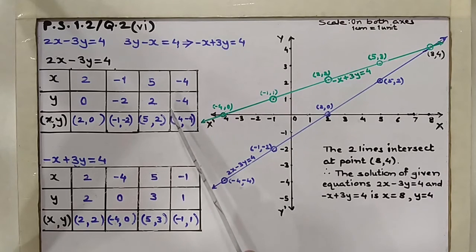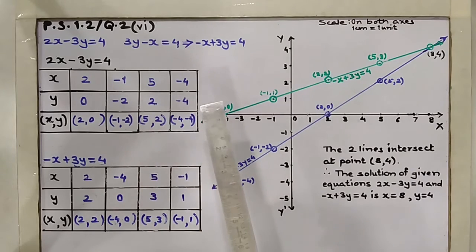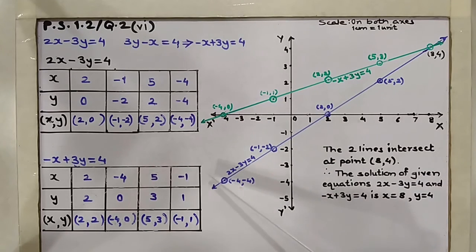Last point is (-4, -4). X coordinate is -4 and y coordinate is also -4. So both x and y coordinates are negative, so the point is going to lie in the third quadrant. So now we have plotted all the 4 points for the first equation, so we are going to join them.